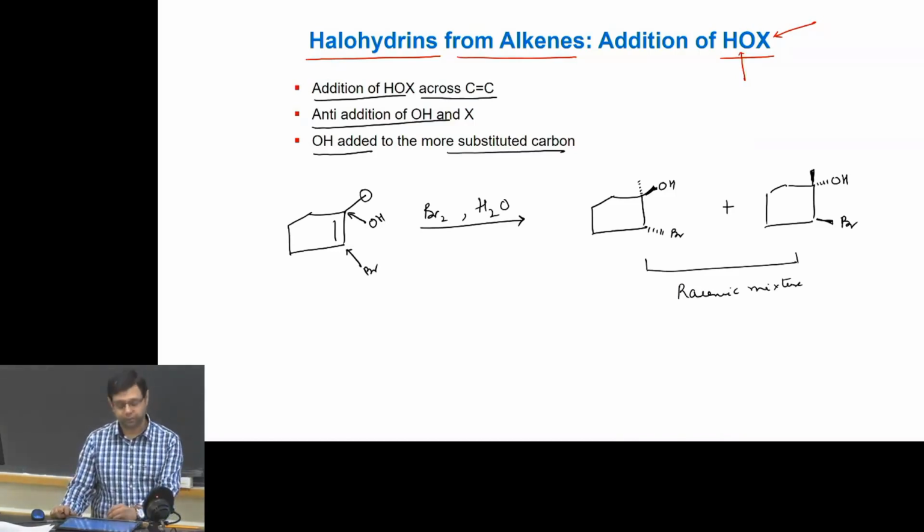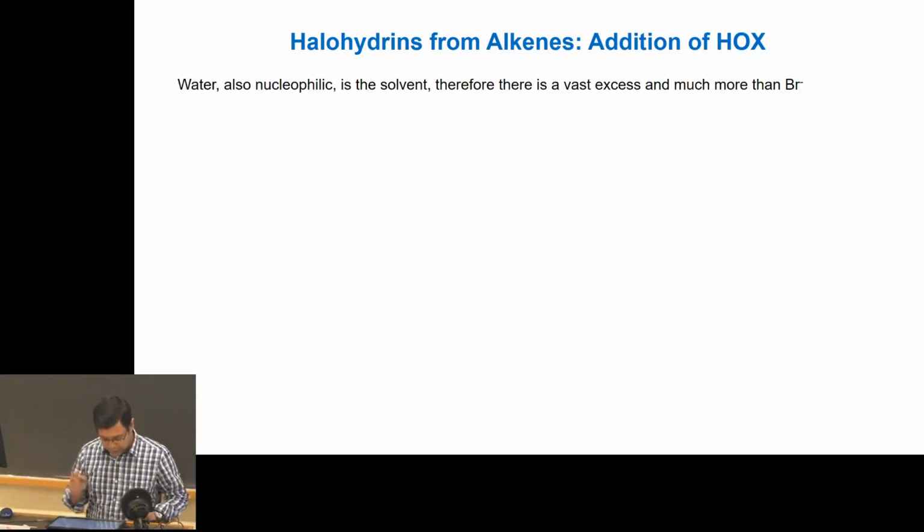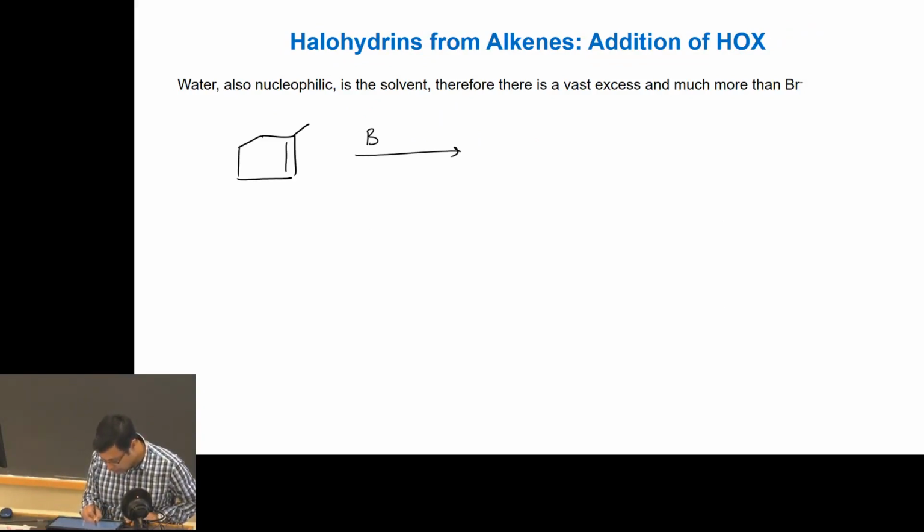All right. So let's now take a look at the mechanism for this reaction. The mechanism is very similar to dihalogenation. Right? Let's begin by drawing the reactants in this reaction, the alkene and the halogen, Br2. Each bromine has 3 lone pairs.